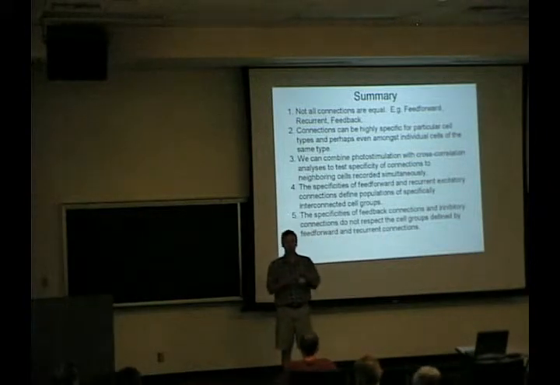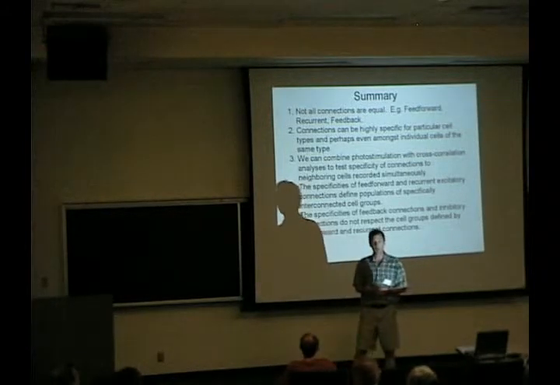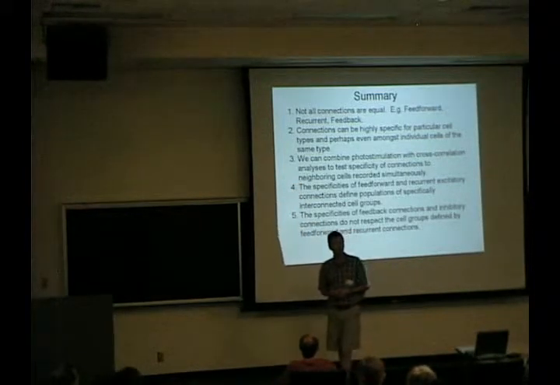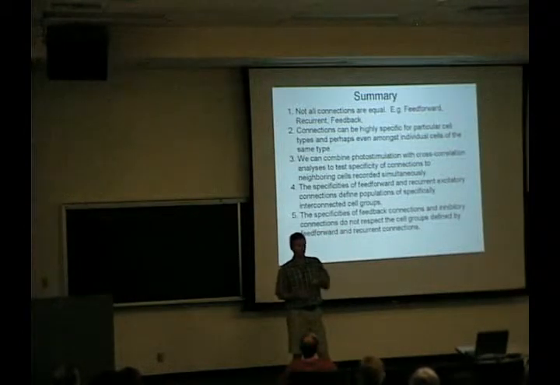A very different idea comes from the kind of experiments or models that John Hopfield started making in the 80s, where he applied learning rules to connections and said, well, maybe with sort of Hebbian rules, you can create specificity of connections. And that according to these rules, they may create groups of neurons that are selectively connected to one another.